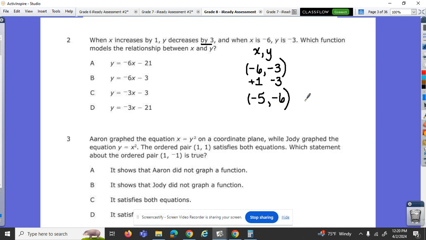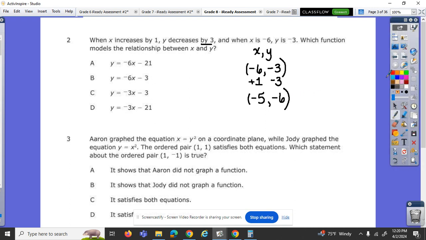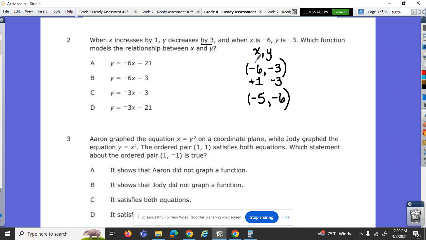So what we have now is basically 2 coordinates, right? 2 points, which we know we can automatically find slope for. So I'm going to go ahead and label our points to use our slope formula. So x1, y1, x2, y2, and let's find our slope.